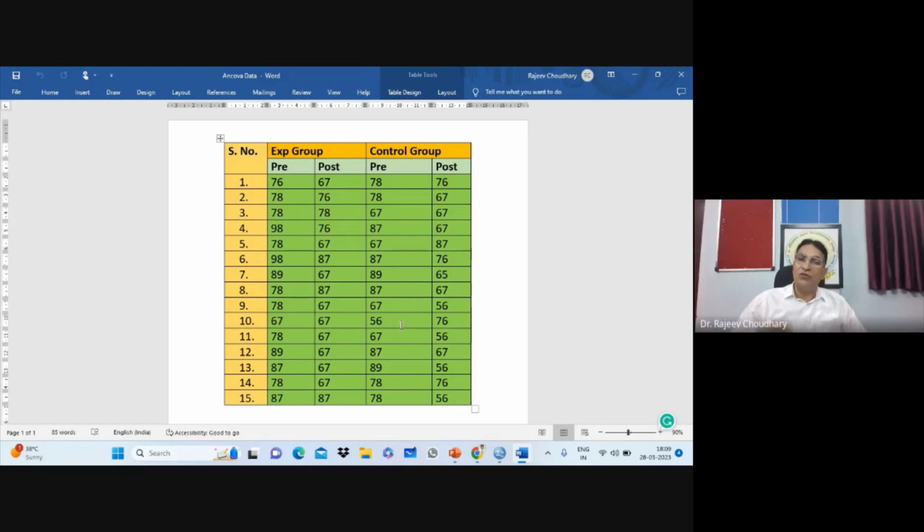It means you will take 2 observations of the same subject in the form of a pre and post. Is it clear? Clear, sir. Now, how to enter the data in SPSS? After that, my discussion will end.